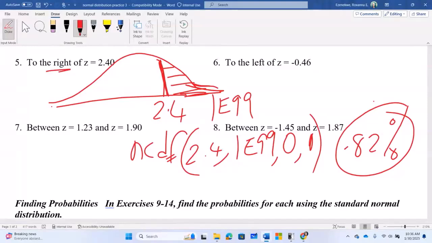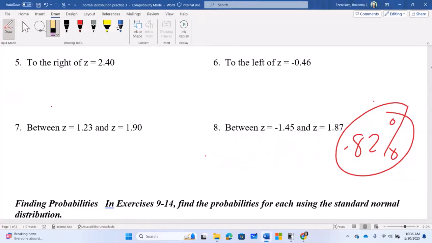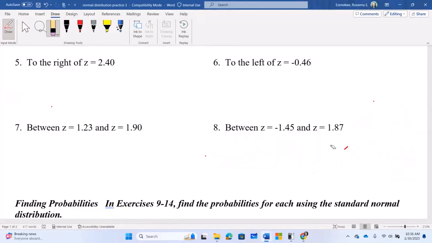All right, so I'm going to do area to the left. Let me get my calculator and do area to the left. Okay, I want to find area to the left using my calculator. So I am going to draw a normal curve.